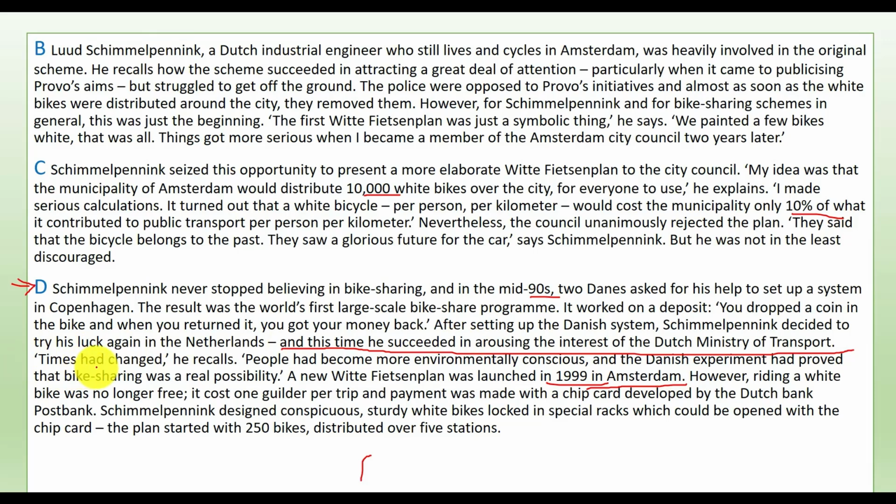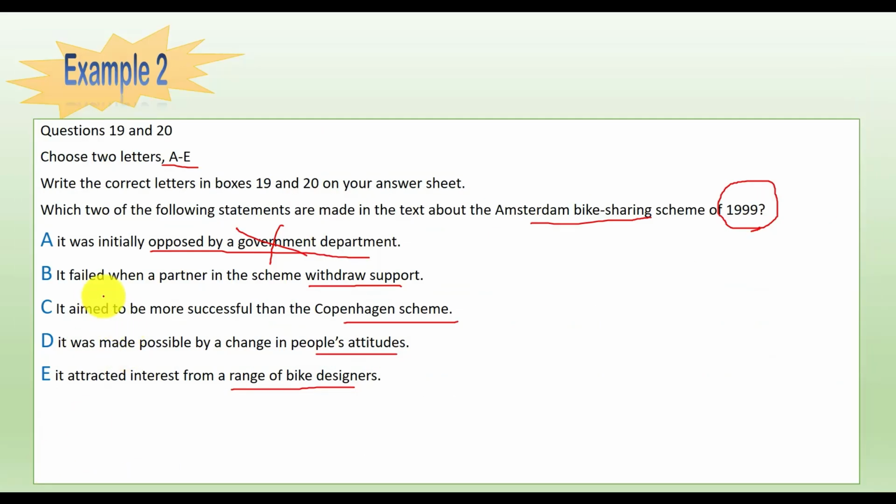Times had changed, he recalls. People had become more environmentally conscious, and the Danish experiment had proved that bike sharing was a real possibility. Okay, again, we have another important sentence. Let's go back to our options. It was possible by changing people's attitudes. Yes, people became more interested in green issues. Now, that's one of our correct options.